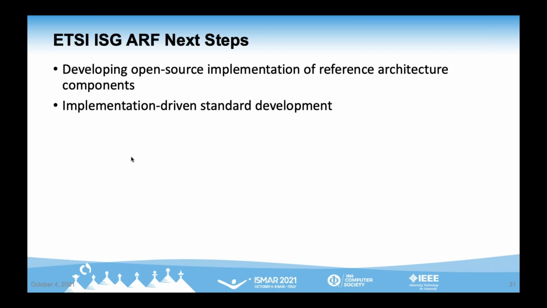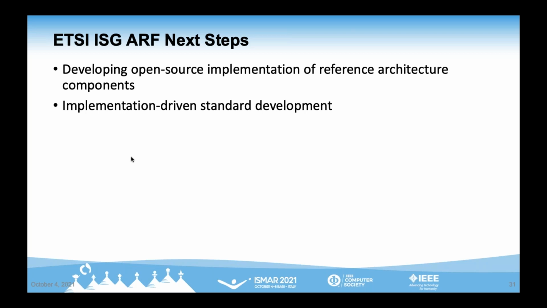Now, the ISG ARF is starting a different approach, and this is going to be discussed in another part of the ISMAR tutorial. One of the approaches that standards development groups can use is to develop an open source implementation and then to describe that in a standard.